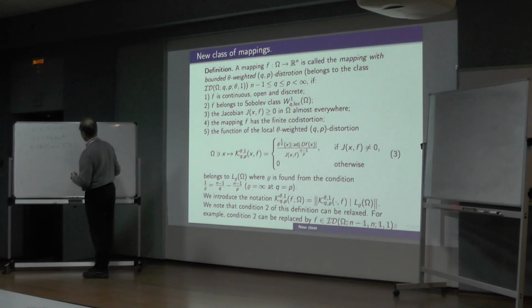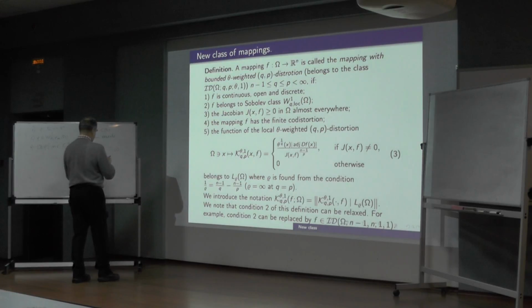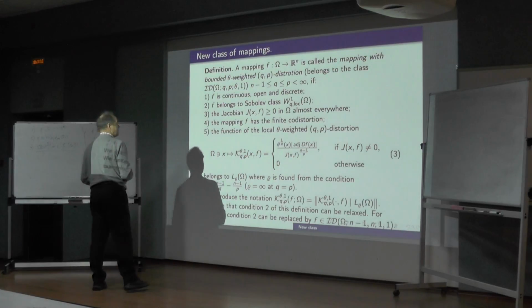And the beautiful result of Reshetnyak says that having these properties, mapping phi is continuous, then it is open and discrete. Very good. But it's possible to prove the result only in the case when we have the power n coinciding with the dimension n of Euclidean space.